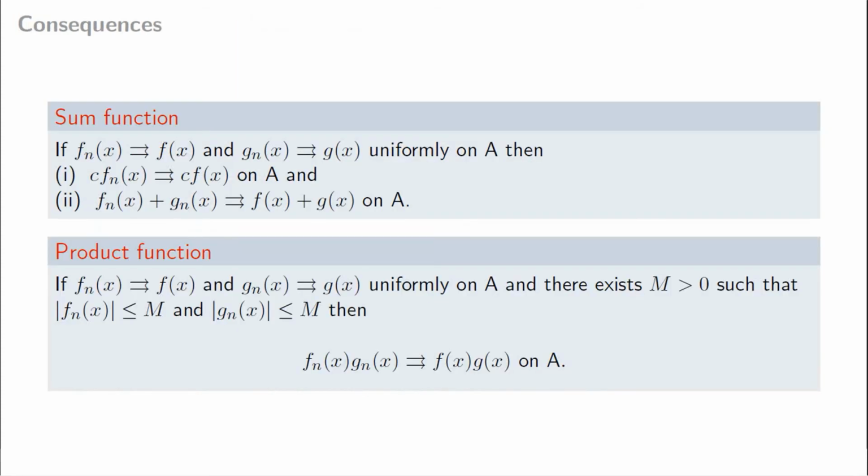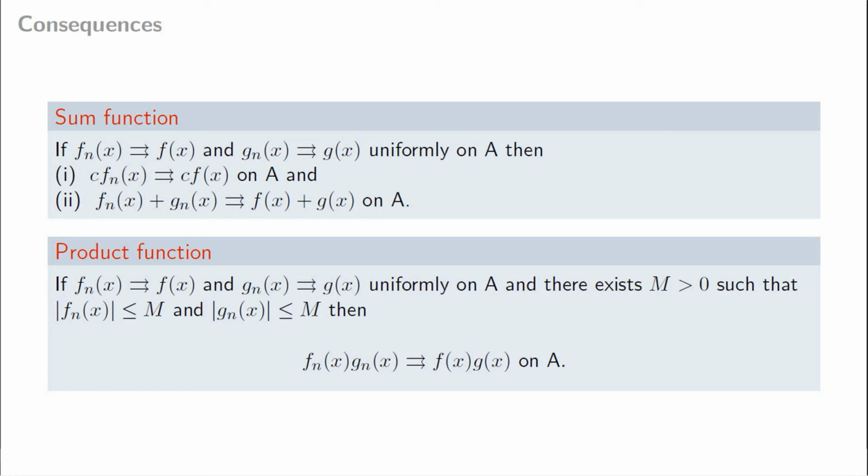So let us discuss some consequences of uniform convergence. If f_n(x) and g_n(x) converge uniformly on A, then c multiplied by f_n(x) also converges to c f(x) uniformly on A, and if we consider the sum function, that is f_n(x) plus g_n(x), then the sum function also converges to f(x) plus g(x) on A, where f(x) is the pointwise limit of f_n, and g(x) is the pointwise limit of g_n.